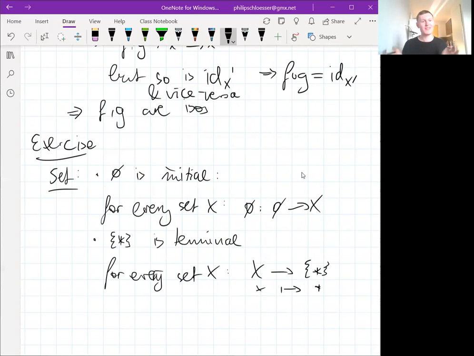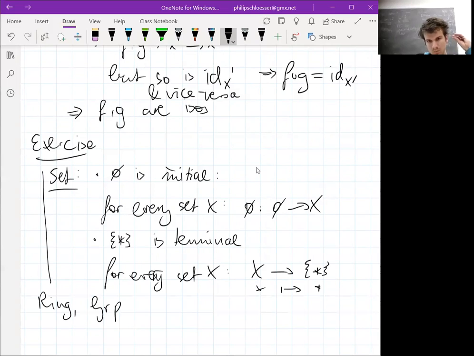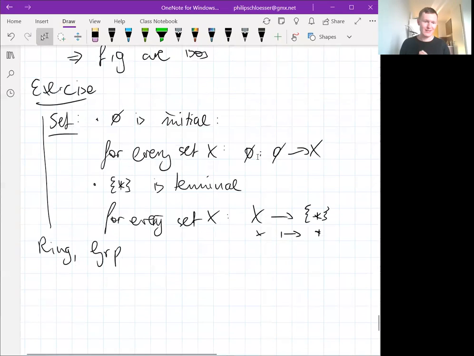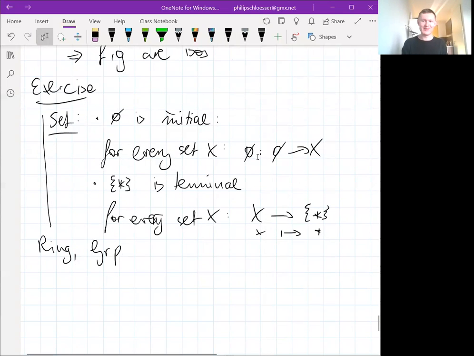And of course, every singleton is isomorphic to every other singleton by the constant map. And that isomorphism is also unique. Okay, the other exercise was to do this for ring and group. Do this at home.